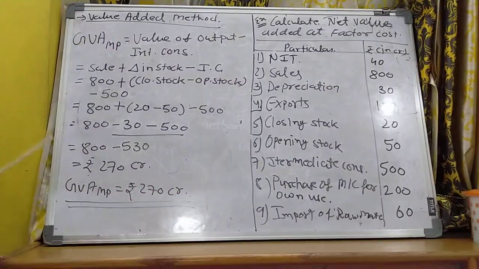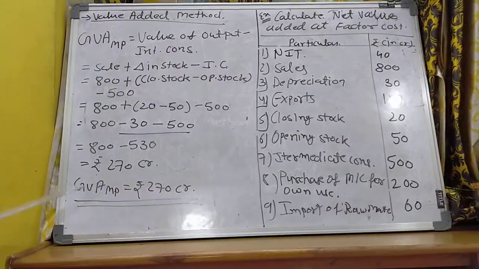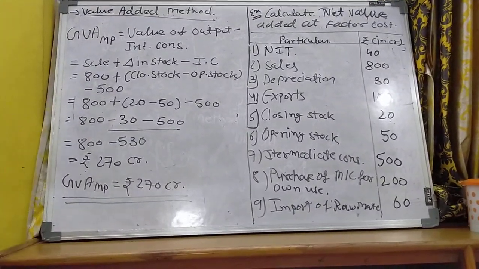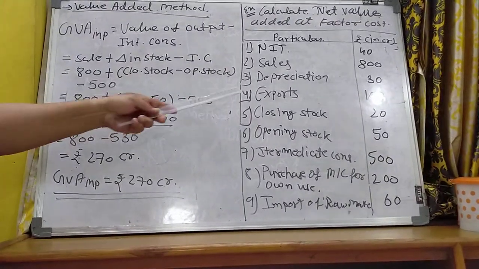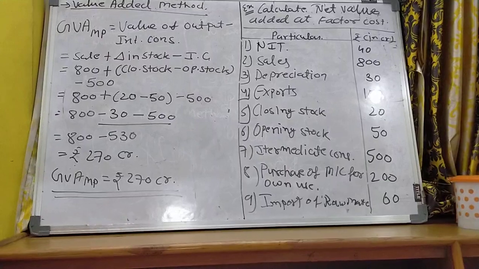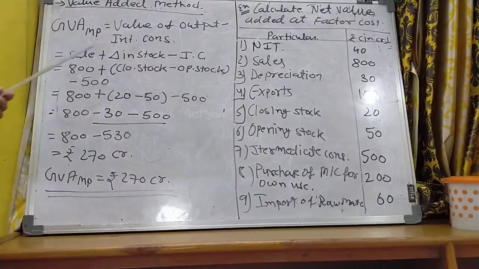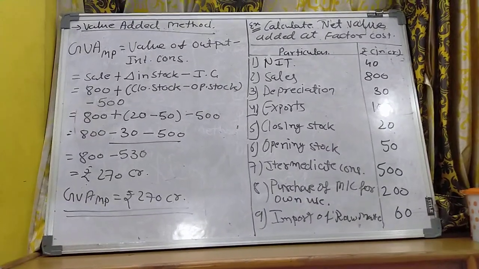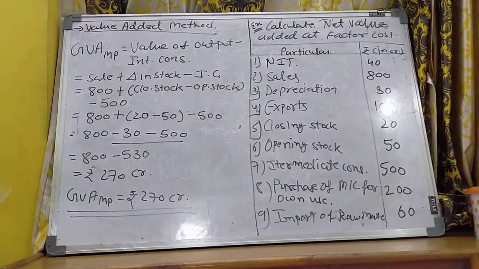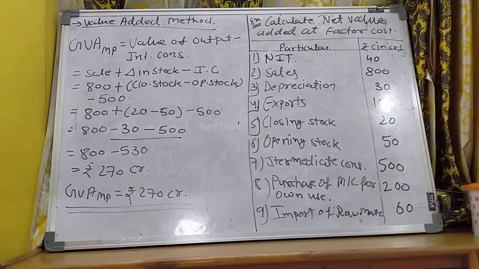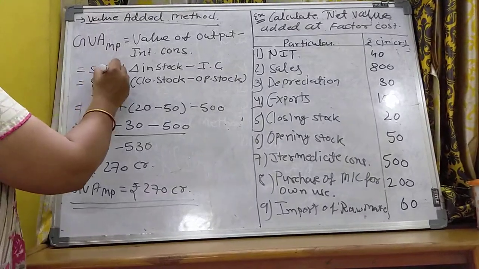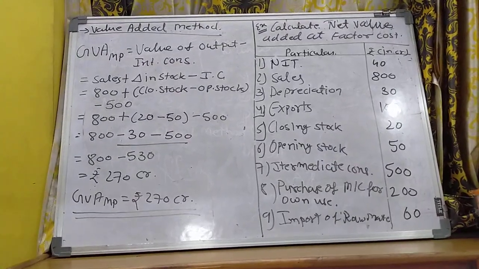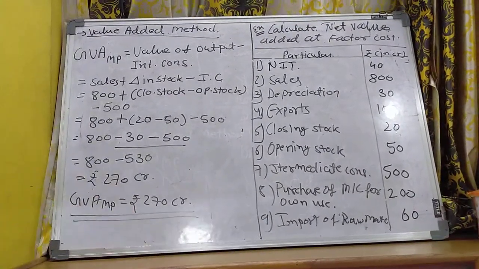Listen, you just found the GVA MP here, but keep in mind, we had already discussed exports and imports before that. But in this sum, what is included in the sales? It is assumed that exports are already included in the sales, because this is the total sales. So total sales means the exports are already included in these sales. Now, second important point: import of raw material is also given to you.